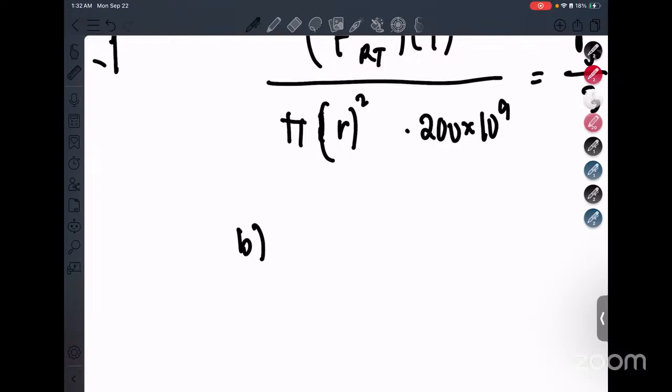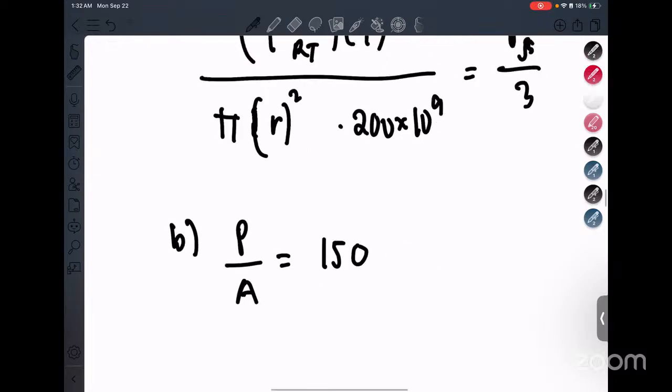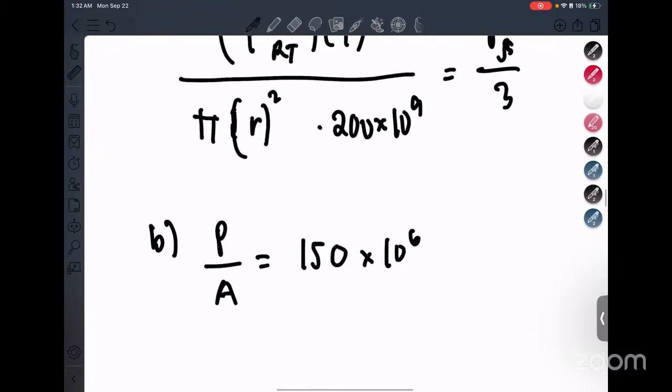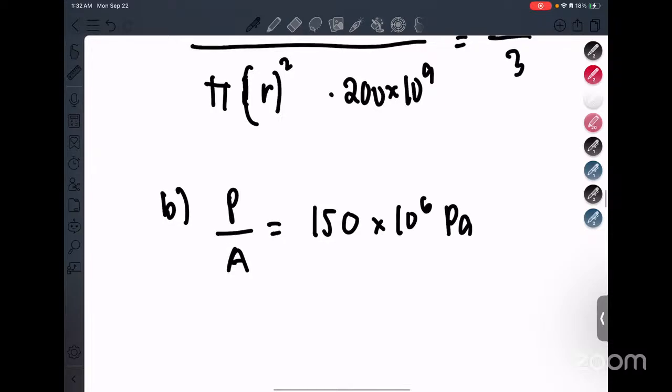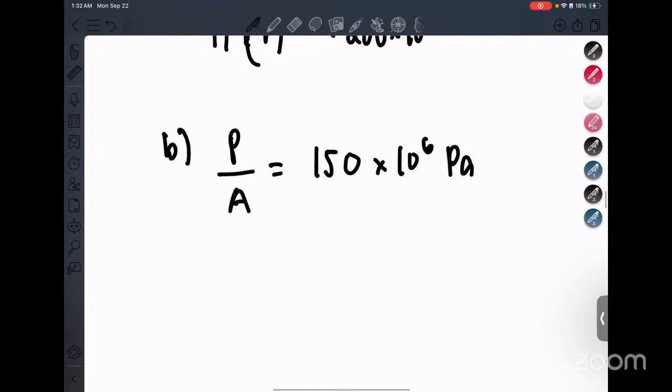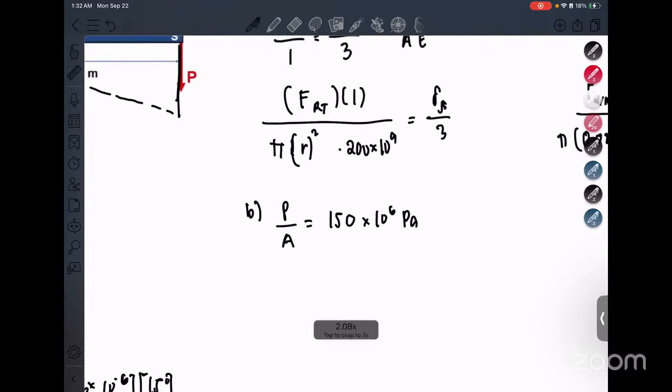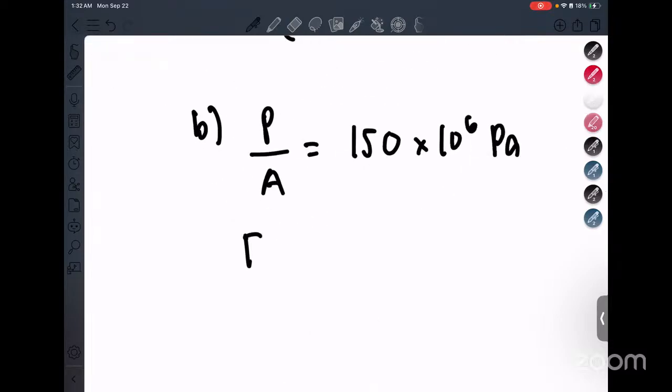Well, we can start by defining stress again. That's just P over A. This is equal to 150 times 10 to the 6 pascals. Now, we can break this down further. This P just refers to the force at P with respect to R.